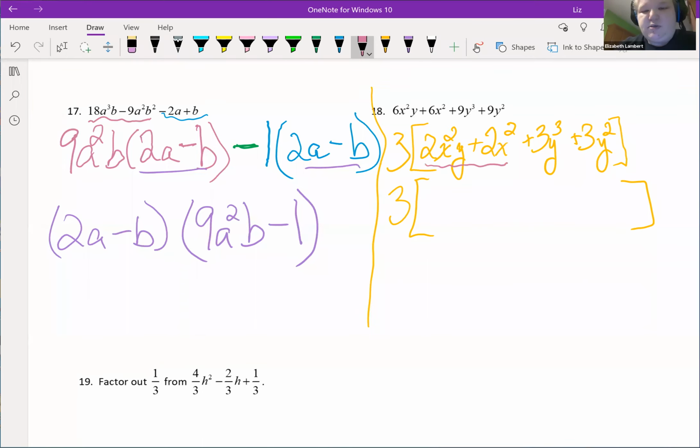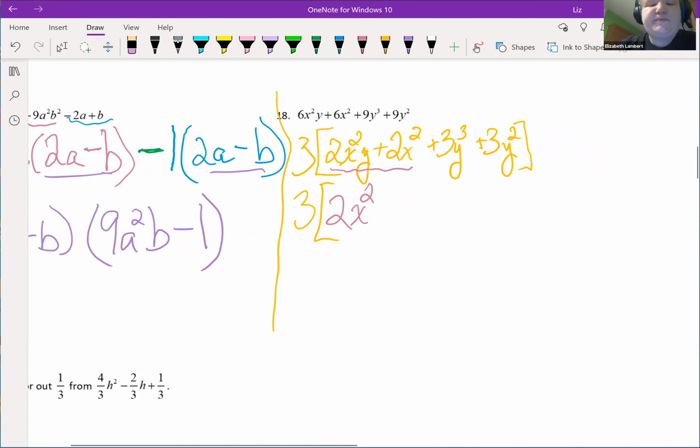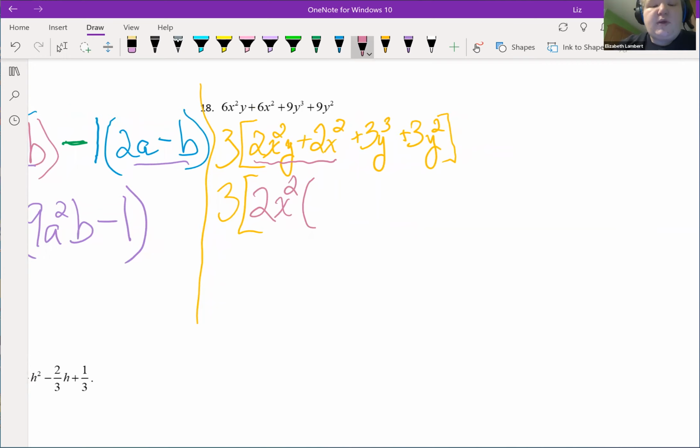2 terms. Well, they both have 2's and x squareds. I'm going to have to write that further. All right, so we have 2x squared. My leftover will be the y plus, and now this one is also here because all of this is factoring out. So it's really tempting to be like, oh, it's just a y. But if you multiplied that back, you'd only get the first term. You wouldn't have the 2x squared.